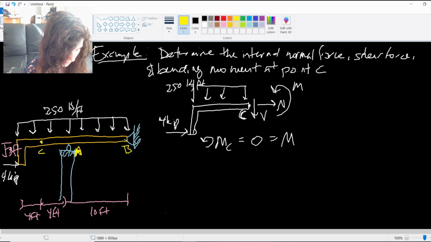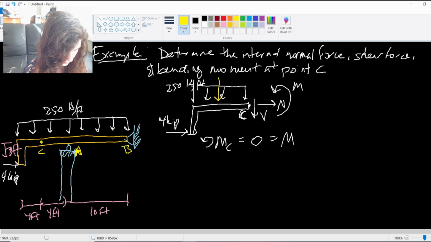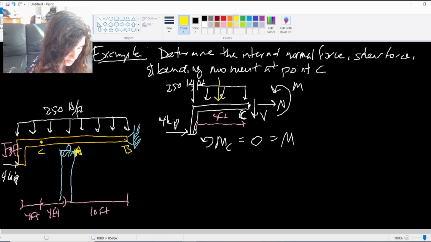Then the simplified form of this distributed load. This is 250 pounds per foot over this 4-foot distance. 250 times 4 is 1,000. But my other dimension is in kips, and 1,000 pounds equals 1 kip, so this is going to be 1 kip as the resultant force.